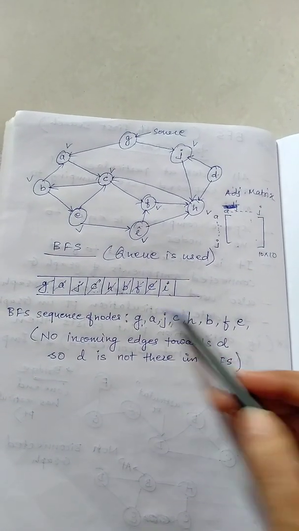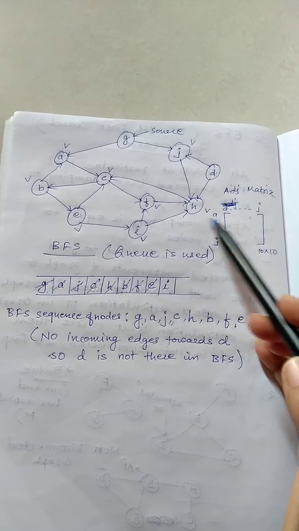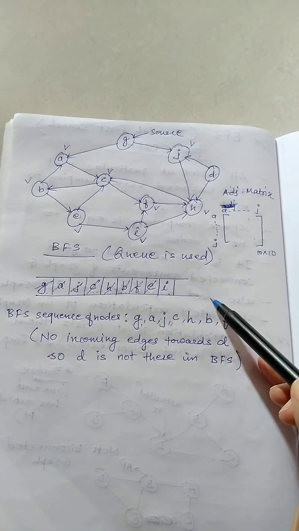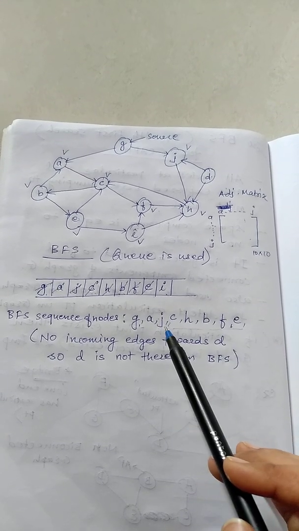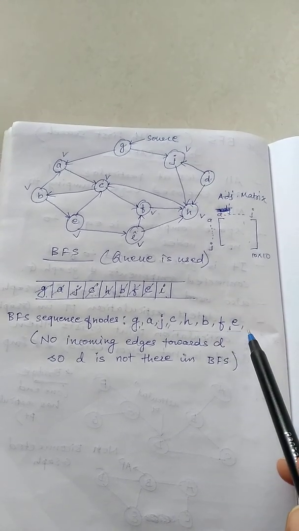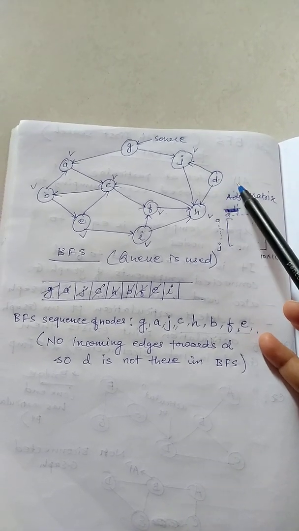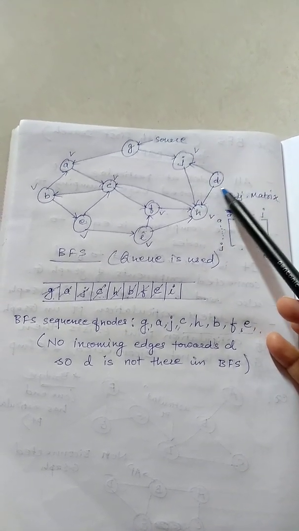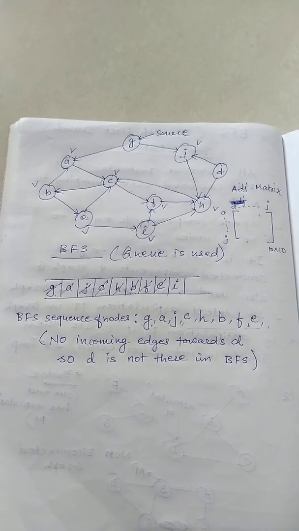Then F is processed, as there are no adjacent nodes of F which are not visited. So repeat the process until the queue is empty, and therefore you will get the sequence G, A, J, C, H, B, F, E. If you observe this BFS sequence, node D is not there, as there is no incoming edge towards D. So D should not be there. So this was the execution of the BFS algorithm.